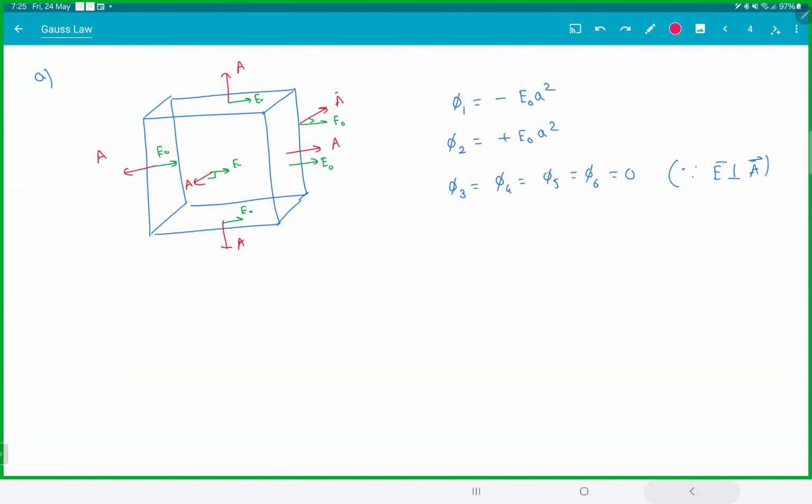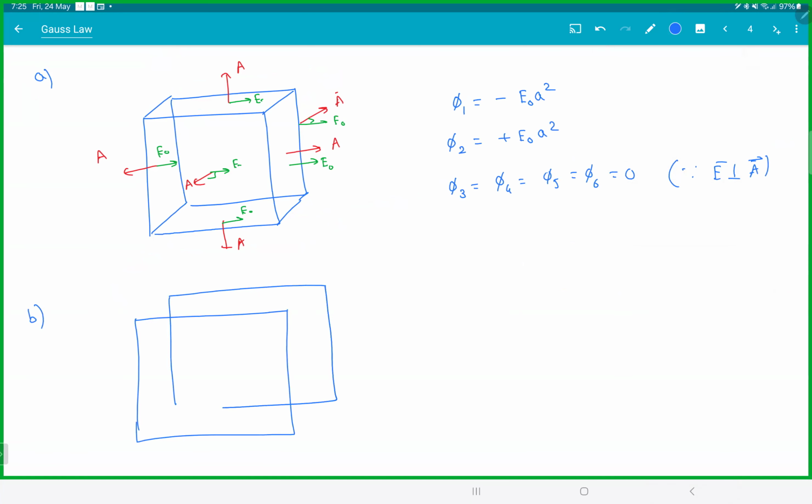Let's see. This is for the B part. Even though there's an E naught x i cap, you need to understand. Now, on face 1, E is 0. Why? Because x is 0.